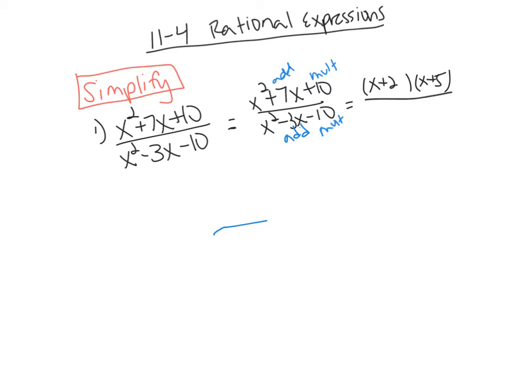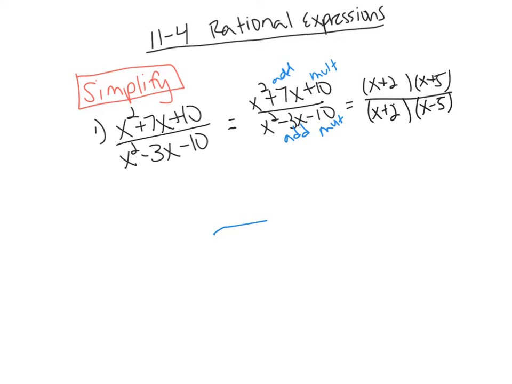So again, for 10, I still have my 1 and 10, and 2 and 5. This time we need negative 3. So again, we still have 2 and 5, but to get a negative, that means that my bigger number, 5, needs to be negative. So negative 5 plus 2, yes, that gets me negative 3.